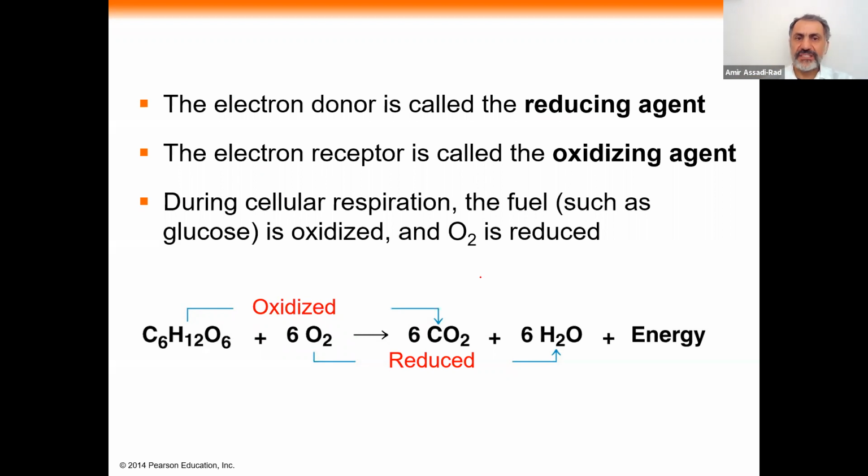During cellular respiration, a fuel such as glucose is oxidized and O2 is reduced. So let's look at it. Glucose, right here, during cellular respiration with the help of oxygen. If glucose is being oxidized, then it is a reducing agent.